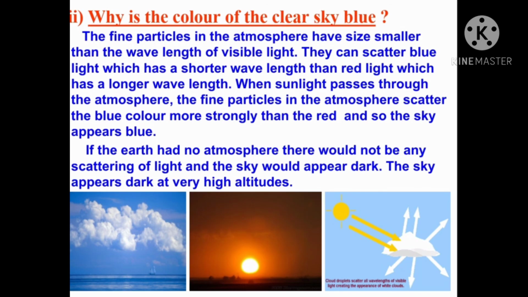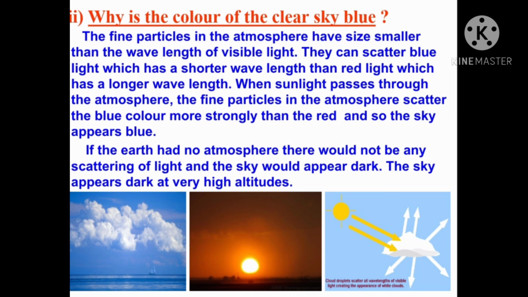Another example of the scattering of light is that the color of the sky is blue. Why? Because the fine particles in the atmosphere have a smaller size than the wavelength of visible light. They can scatter blue light, which has a shorter wavelength than red light.